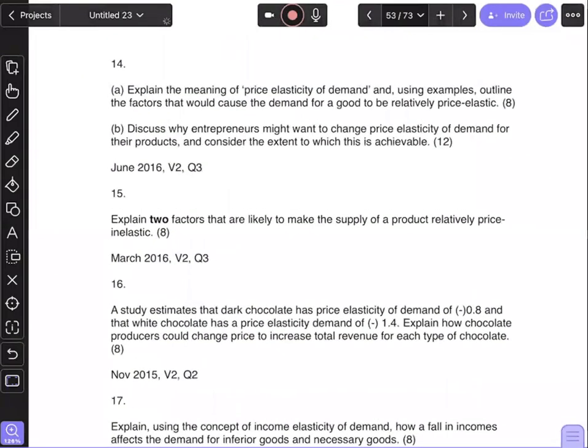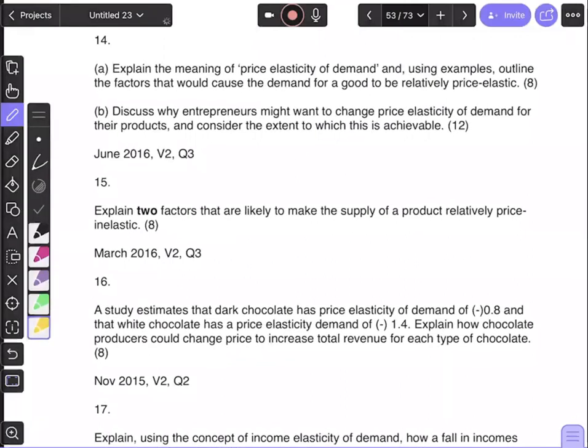Yeah, this one is the third kind of question that we need to prepare really well, which is: discuss why entrepreneurs might want to change the price elasticity of demand for their products and consider the extent to which this is achievable. So the question is asking us, why do entrepreneurs want to change the PED of the good?